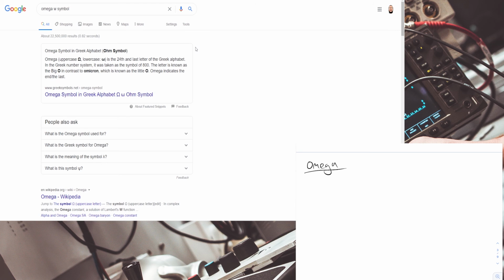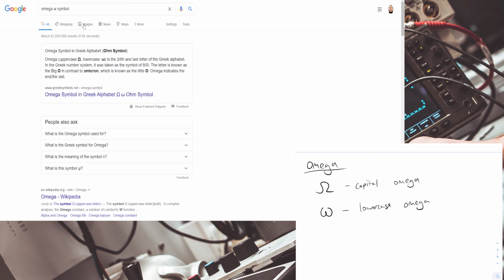You've got this thing, which is the ohms. That's the capital omega. And then this weird W thing that looks like something very rude is the lowercase omega.